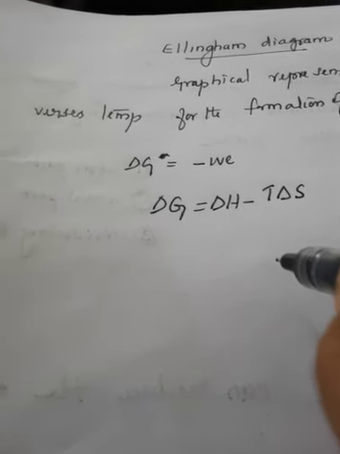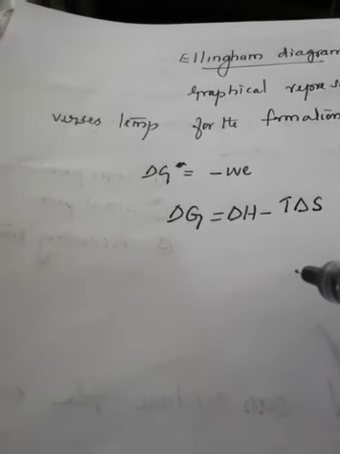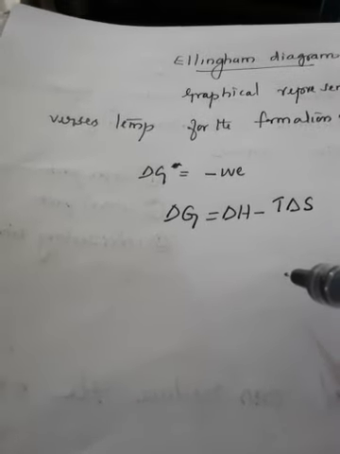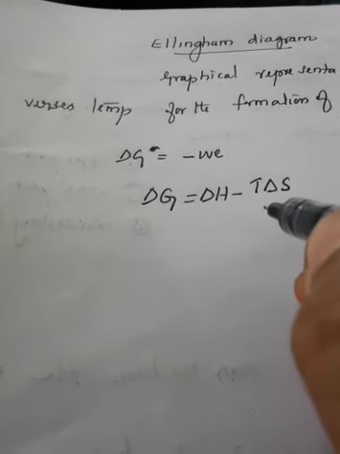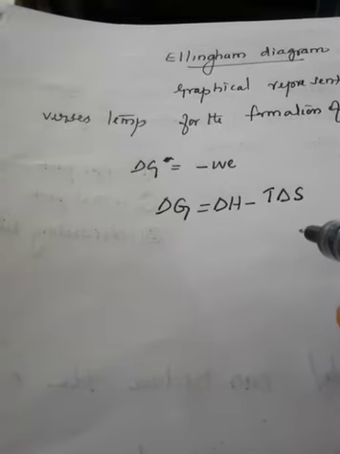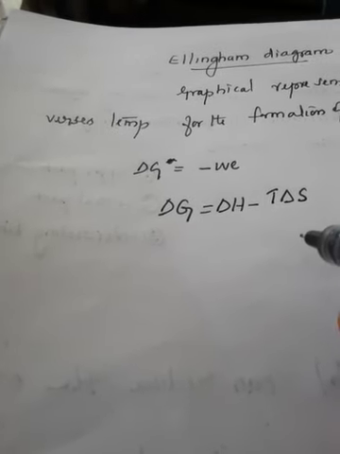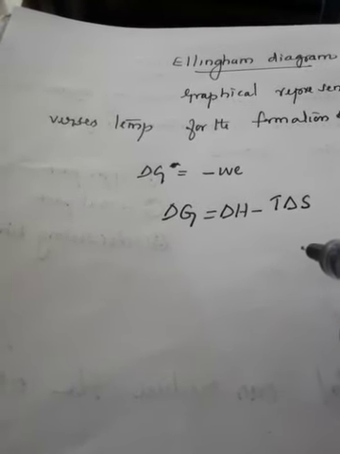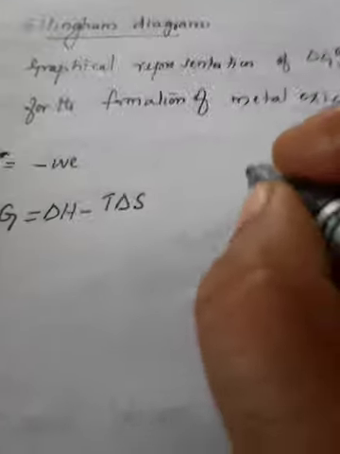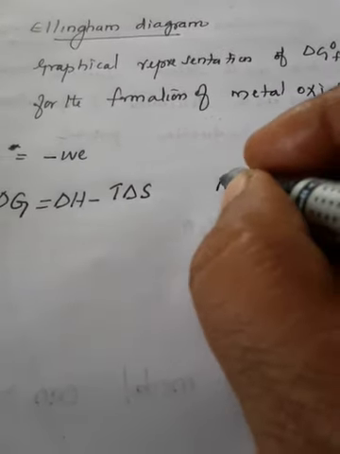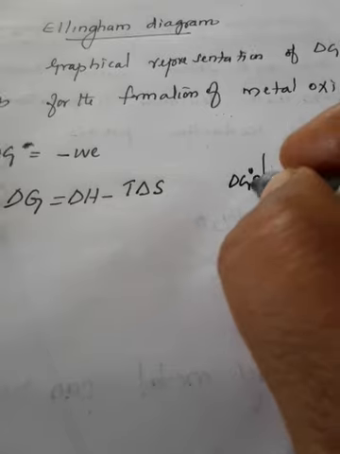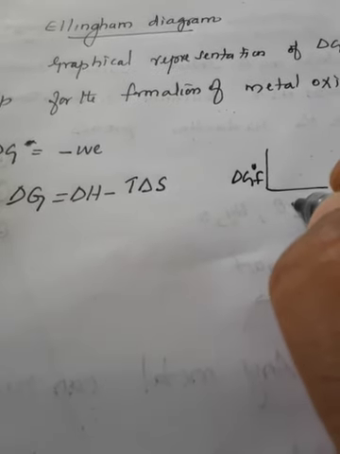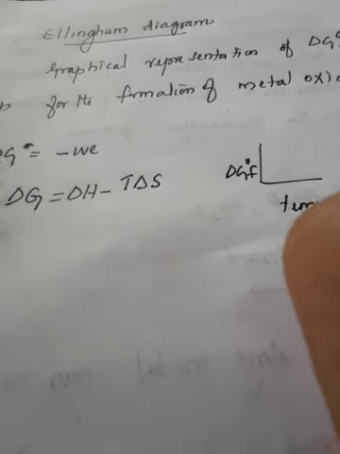So Ellingham calculated delta G naught values for various temperatures, considering the reduction as an equilibrium process. He plotted the delta G naught f value on the y-axis and temperature on the x-axis.